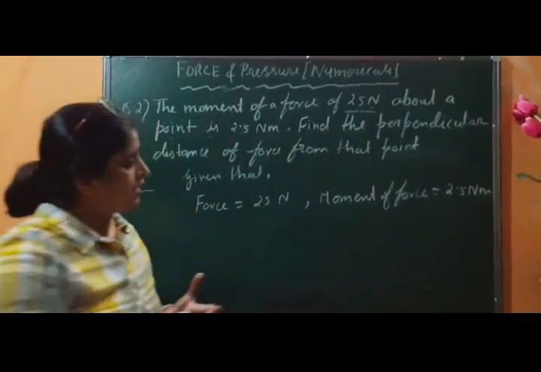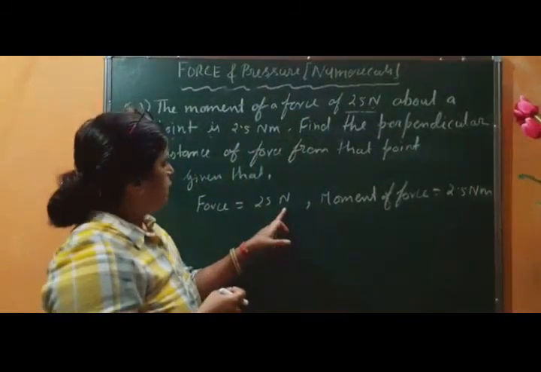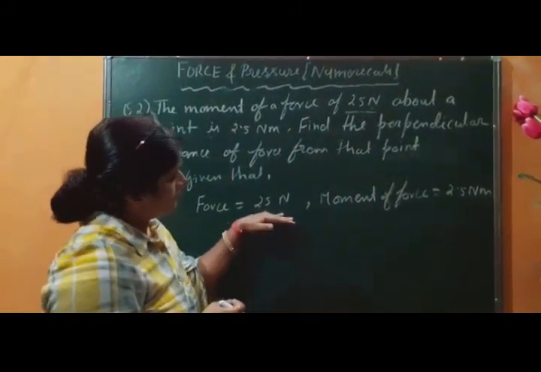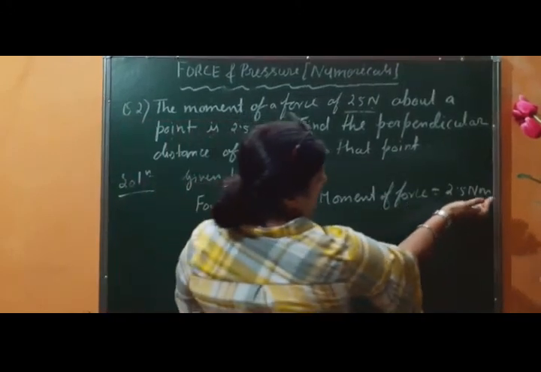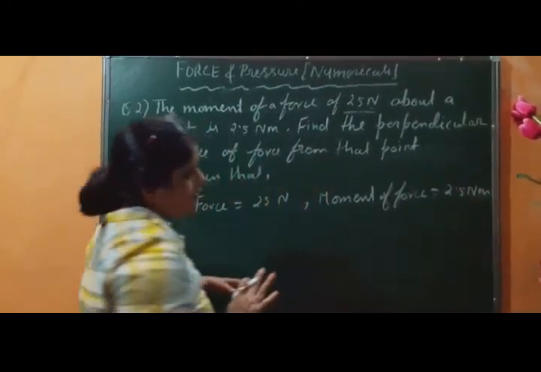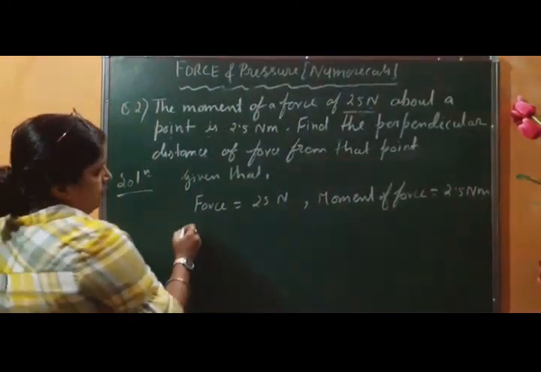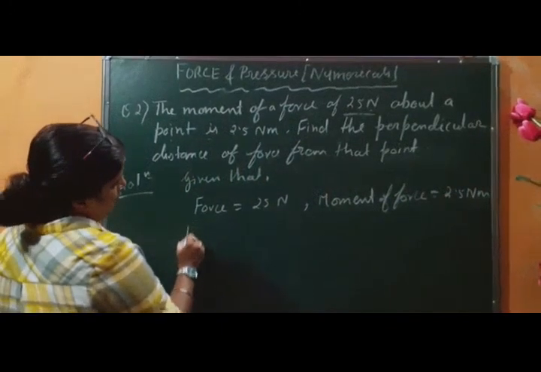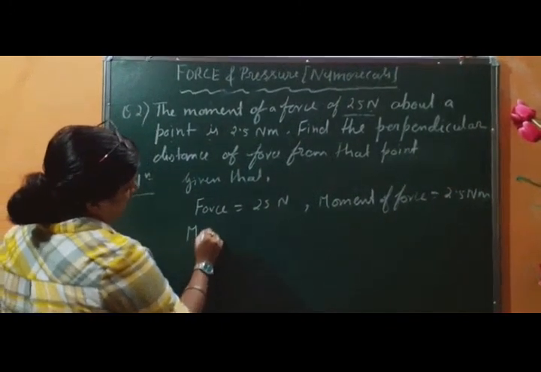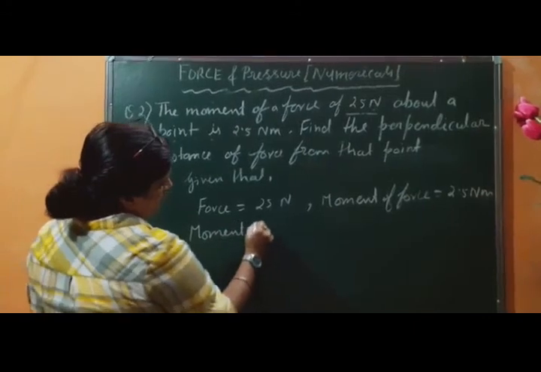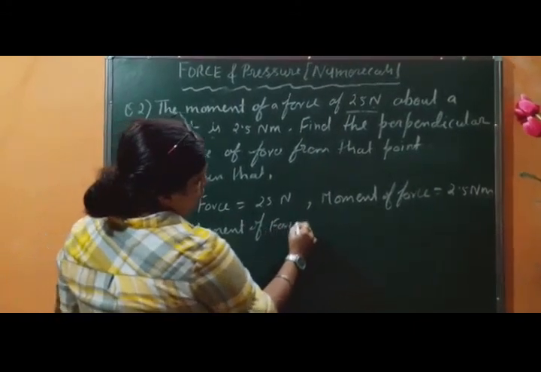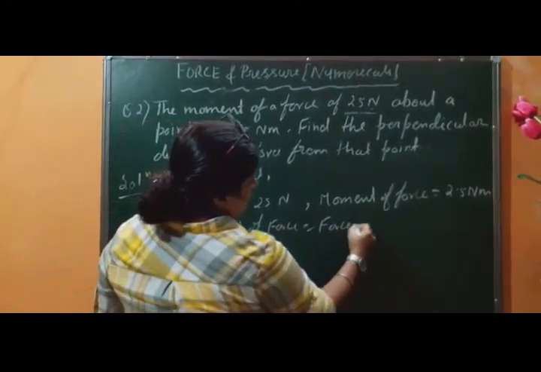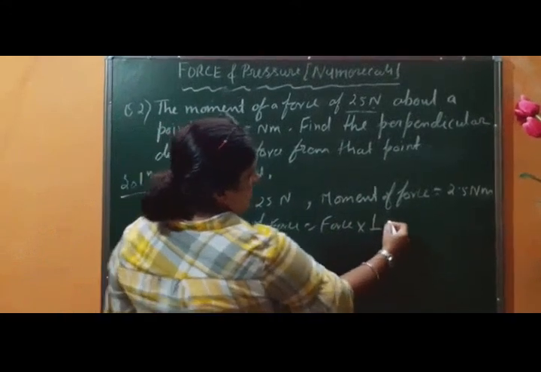First of all, I have checked that the force unit is in SI unit, and the moment of force is also in the SI system. So now we can start writing the formula. Moment of force is equal to force into perpendicular distance.